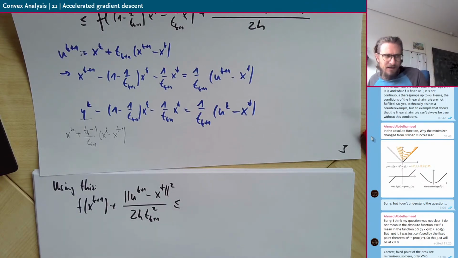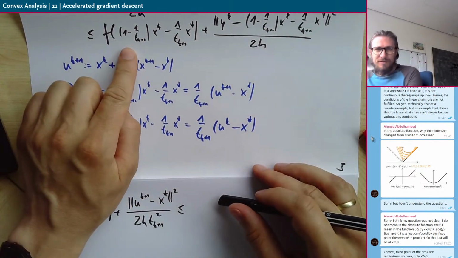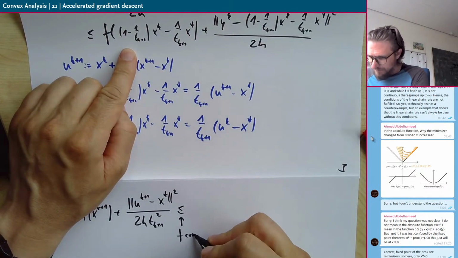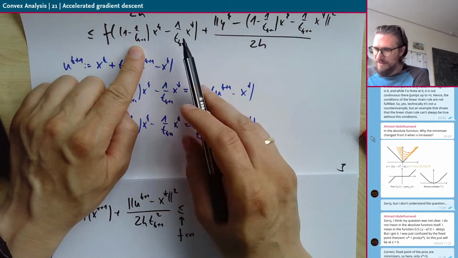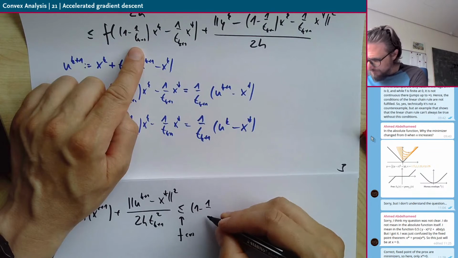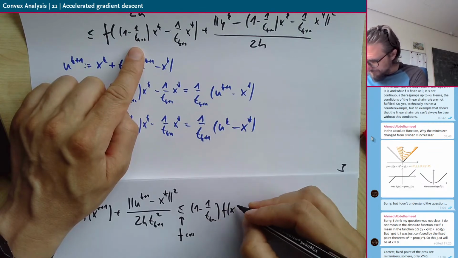On the right hand side we just use convexity of f, because that's the convex combination of xk and x star. So it's smaller or equal than 1 minus 1 over tk plus 1 times f of xk.